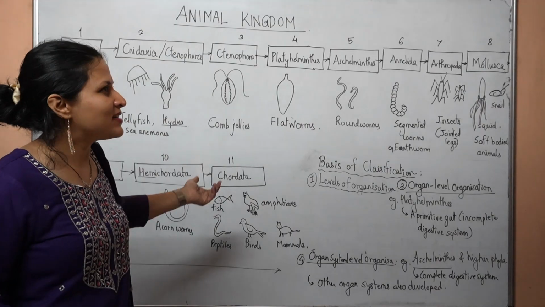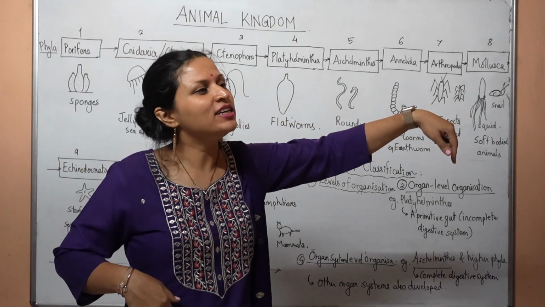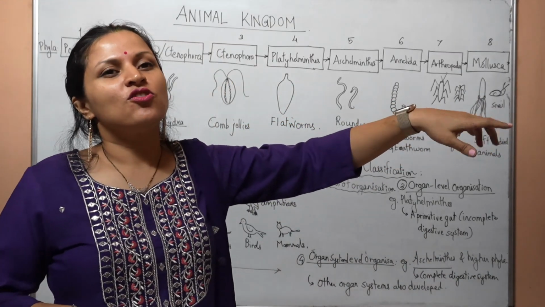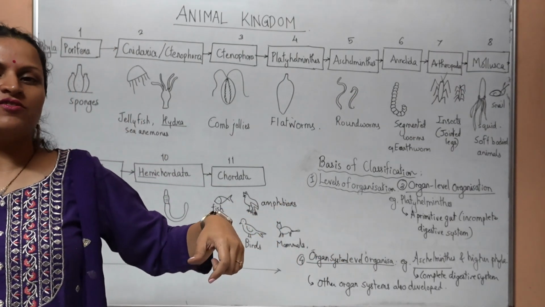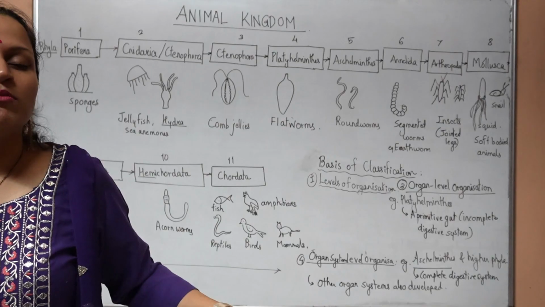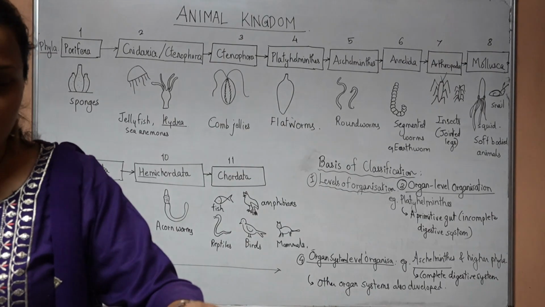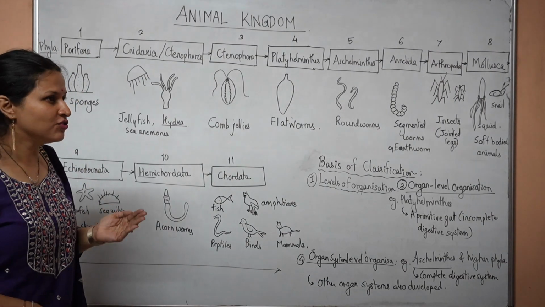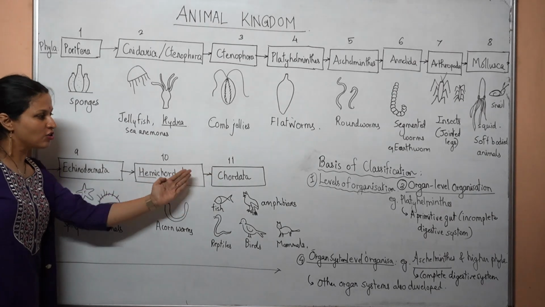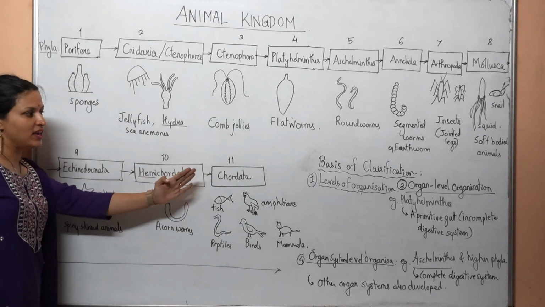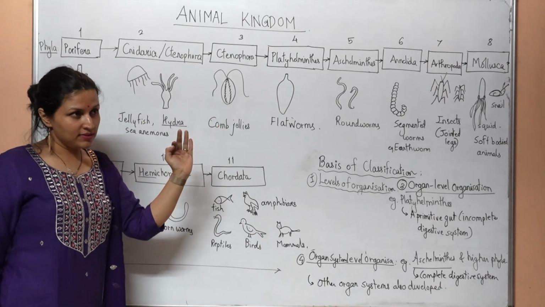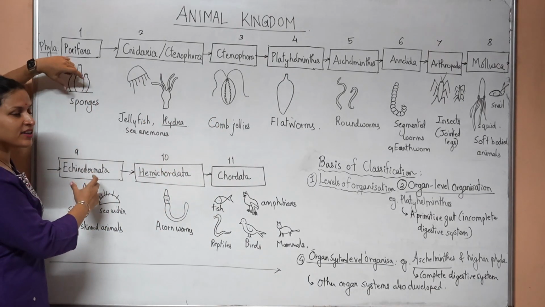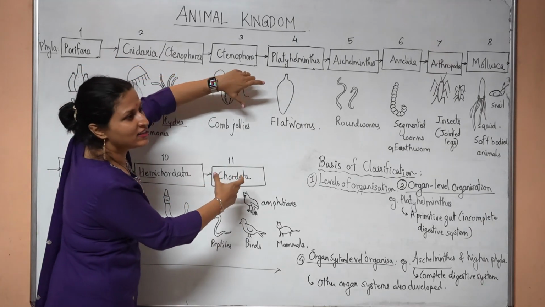Probably as the sponges were evolving into cnidarians, ctenophores and the annelids, elsewhere the evolution was taking place in the form of starfishes, and they slowly evolved into the hemichordates and then the chordates. Because evolutionarily and genetically we do find that we have a lot to do with the echinoderms, but we have nothing to do with the mollusks and the arthropods. And there is a radial symmetry here, which is becoming bilateral symmetry.